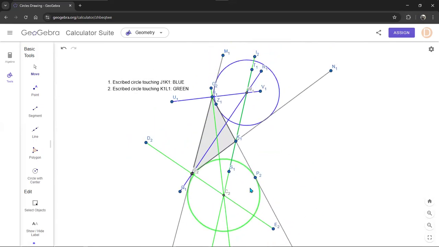We have this one, the Escribed circle touching this line. And for the first one, the Escribed circle now touching the line J1, K1. So that is all for this.